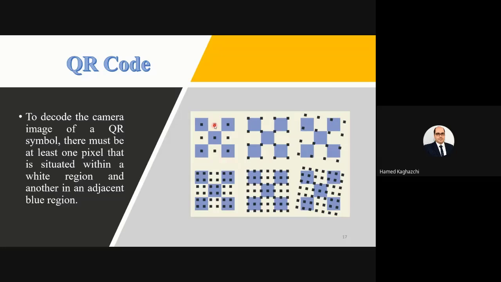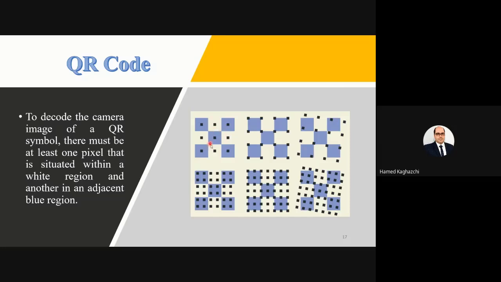Now, for detecting correctly with camera scanners, we have to situate the camera pixel within the inside of the white and black regions.